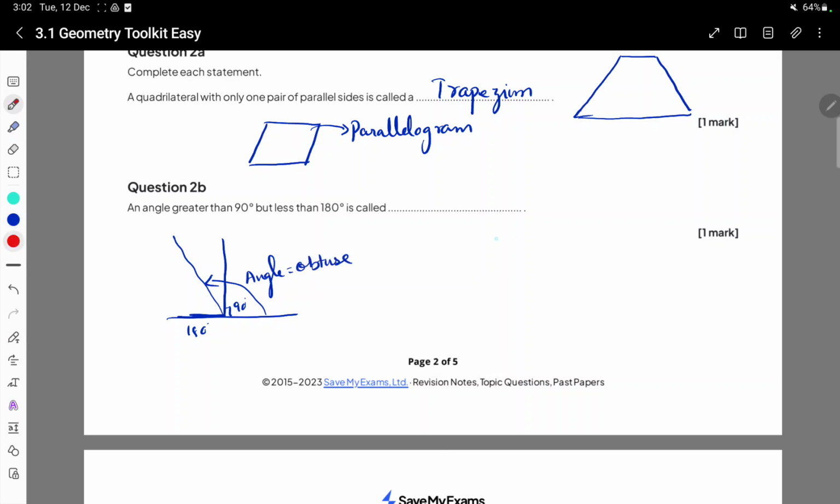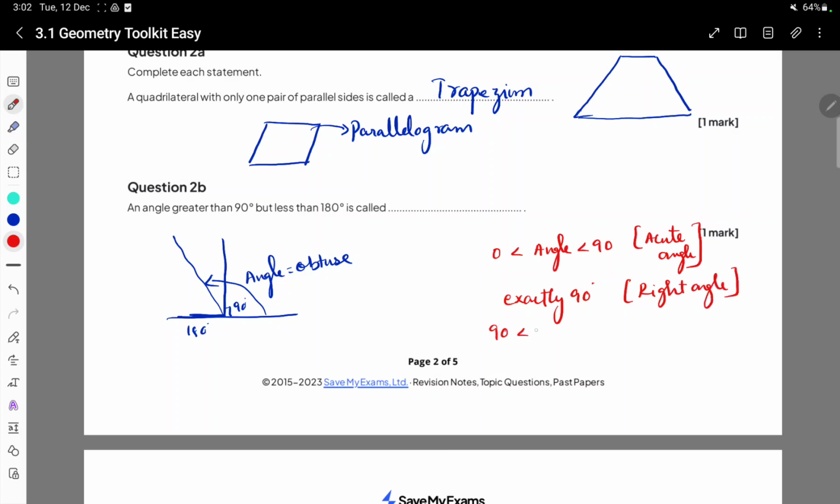See here, if the angle is between 0 and 90, then we call this angle an acute angle. If it is exactly 90, then we call this angle a right angle. If it is greater than 90 but less than 180, then we call this an obtuse angle.